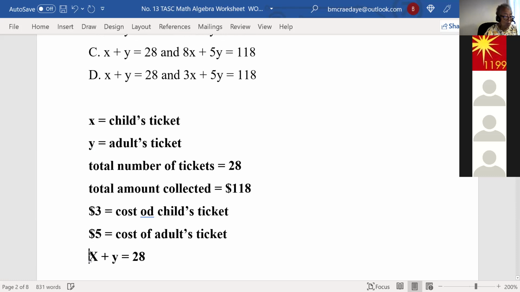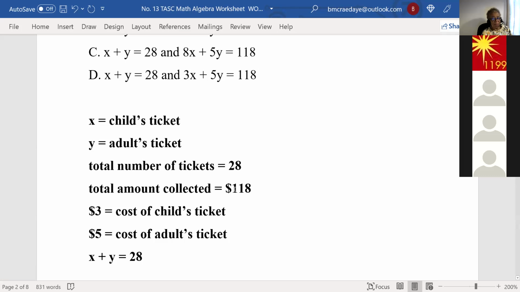Now, how do we get that 118, Maureen? How do we get the total amount collected? Multiplying the children's cost and the adults cost? How do you get, Vanessa, this $118?